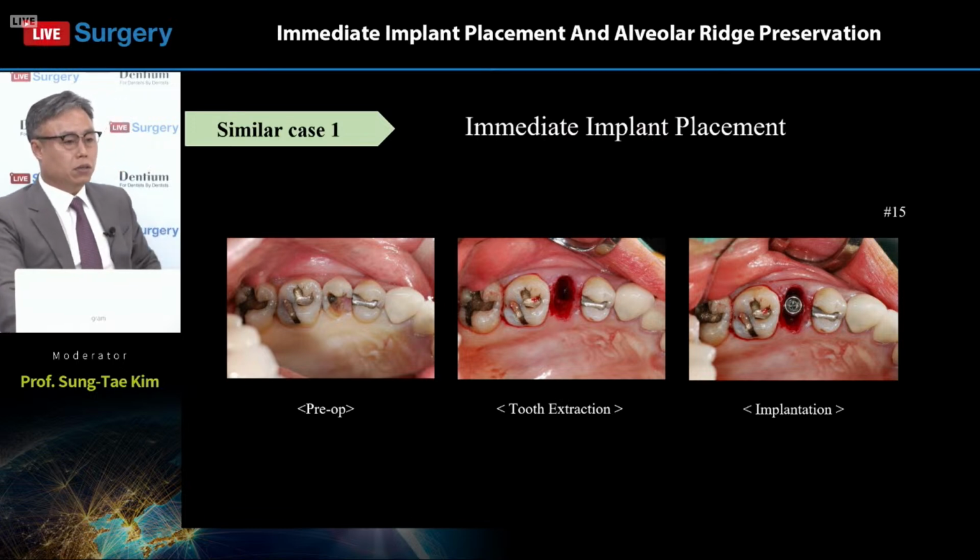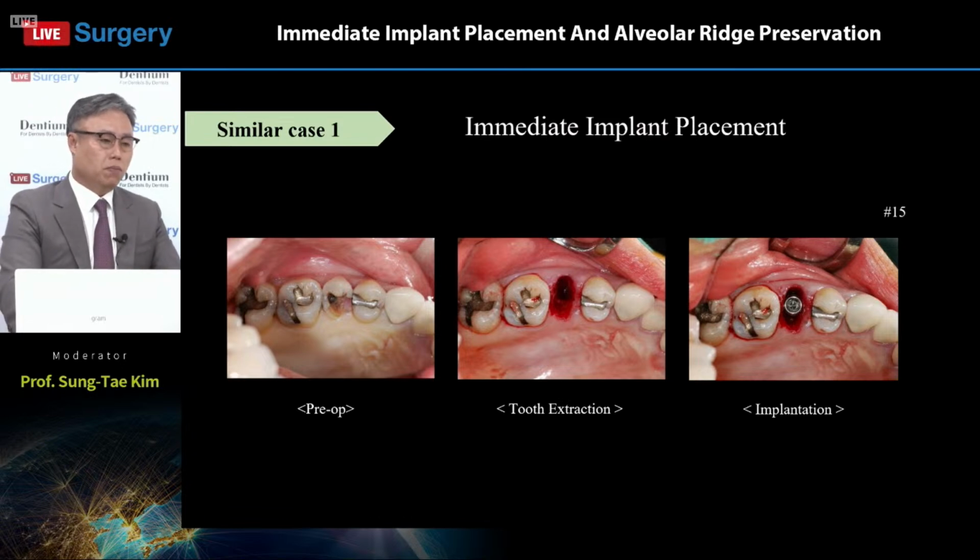Usually with immediate placement in the anterior tooth area, we leave only the gap defect on the buccal side. However, in the premolar area, we usually place the implant in the middle of the socket. Therefore, there will be a gap defect on the buccal side and the palatal side.